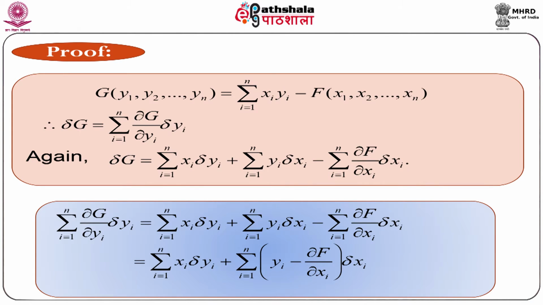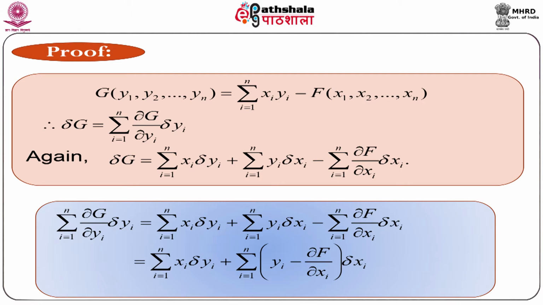Thus, we have summation i equal to 1 to n del G del yi delta yi equal to summation i equal to 1 to n xi into delta yi plus summation i equal to 1 to n yi into delta xi minus summation i equal to 1 to n del capital F del xi into delta xi, since both the variations are equal.